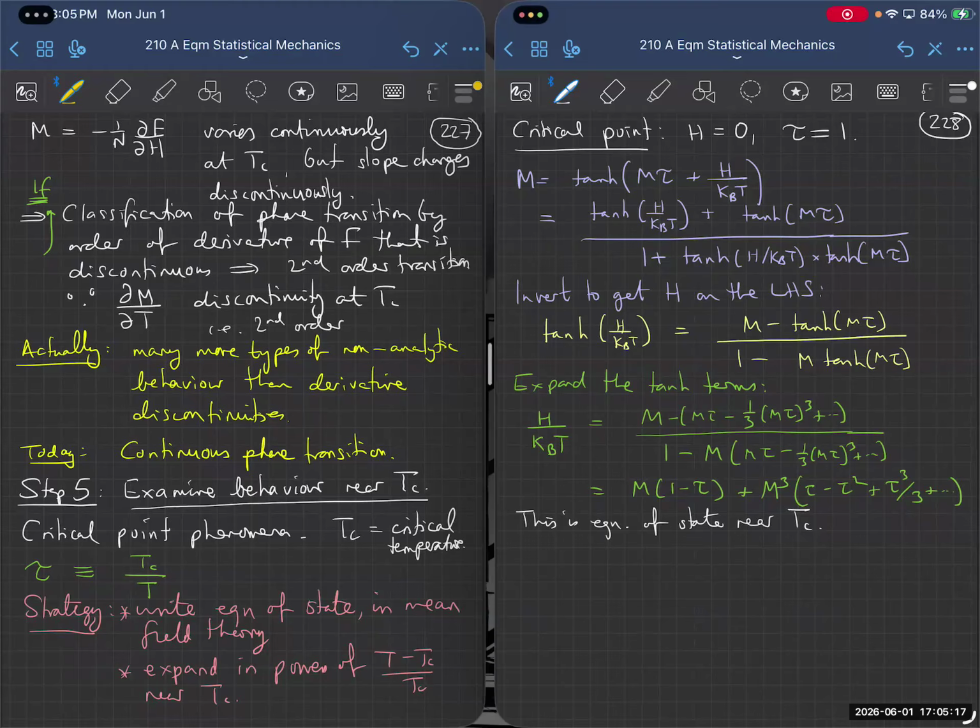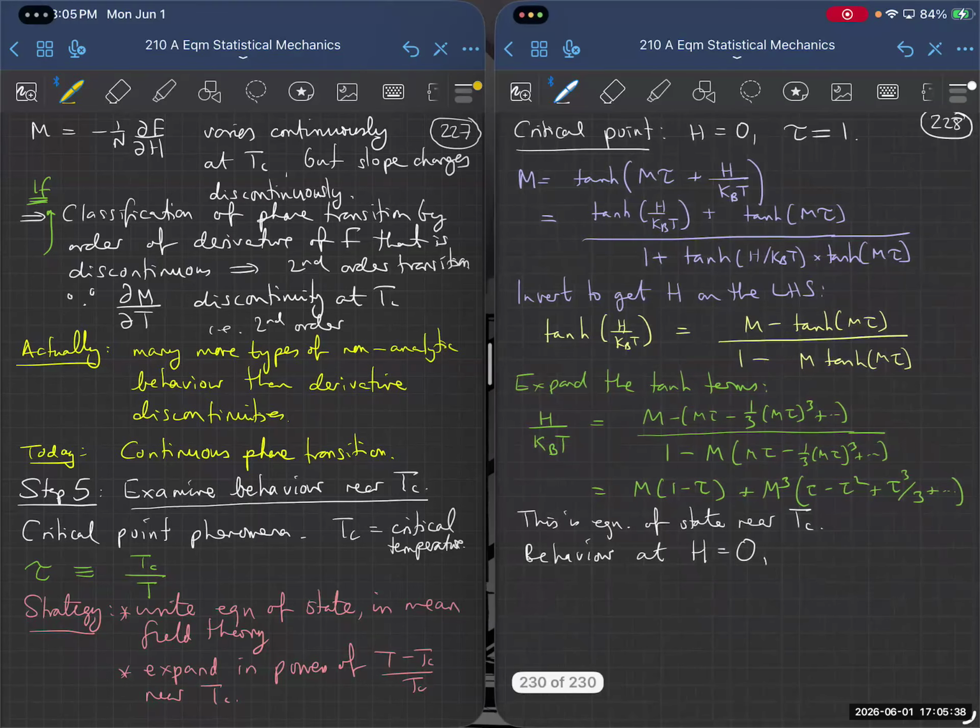And then what I'm interested in is the behavior near the critical point. So I want to look at the behavior when there is no external magnetic field, and then see how the spontaneous magnetization varies with temperature. So we want to look at the behavior at H equals 0 and the behavior of M for T less than Tc.